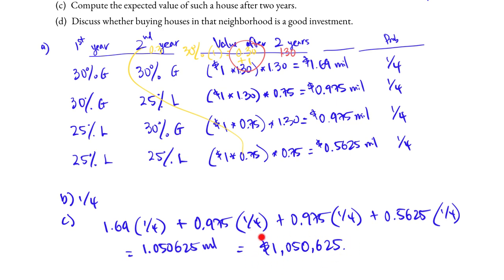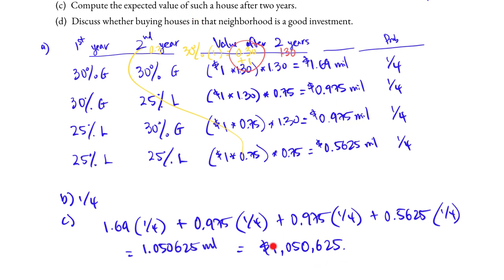The expected value only refers to the long run, or if we were to buy 100 of these houses, then after we compute all the gain and loss, we expect to make about $50,625 on each house, but only if we buy a large number of houses, or perhaps if we have 100 investors, each putting in $1 million.